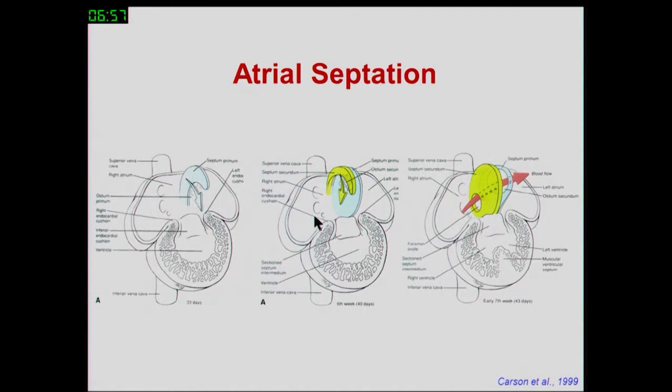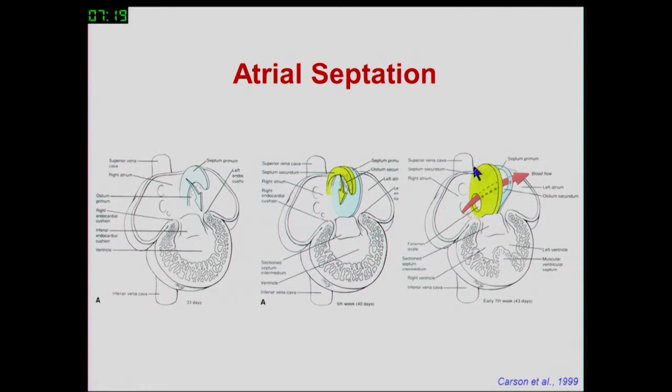The foramen primum disappears. Before the foramen primum disappears, perforation appears in the central part of the septum primum. The perforations fuse to form another opening, the foramen secundum.